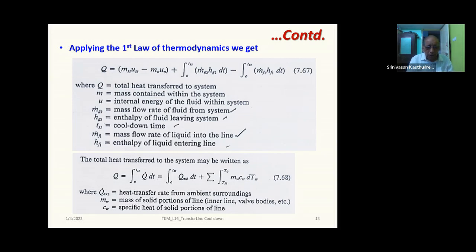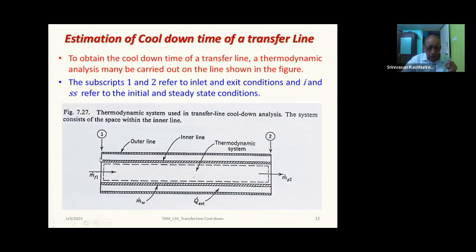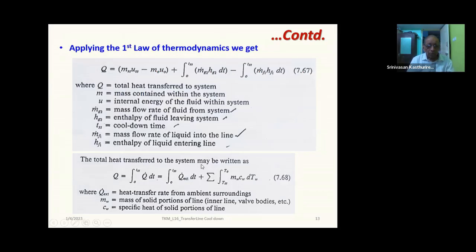So the various parameters have been defined now. Q is the total heat transferred to the system. And M is the mass contained within our thermodynamic system. Please understand that you have a dotted line, which you have seen earlier, and this dotted line corresponds to the mass that is contained within the system.